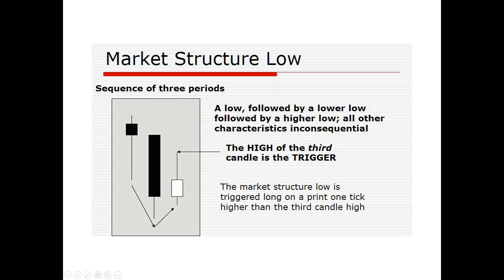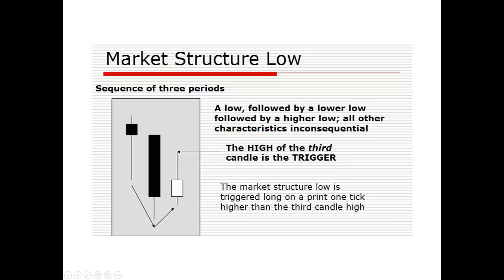Now, a market structure low comes at the end of a sell-off. Once again, the highest filter is going to be using just the candle closes, okay, not the bodies, but the closes on the first two candles, and then the candle high on a market structure low on the third candle.